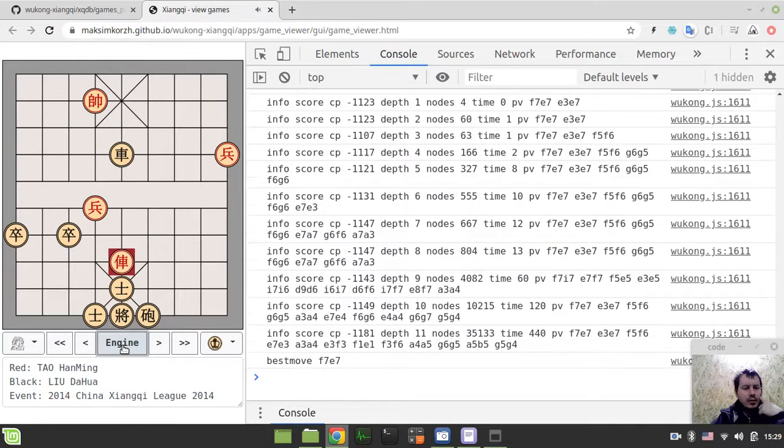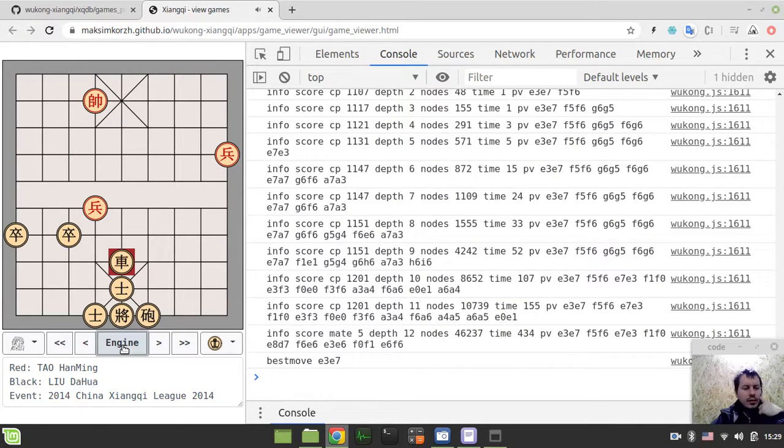He gives it. Oh, hold on a sec. Well, okay, so now black should definitely win, because rook up, cannon up. Okay, and we have mate in 5 moves. Okay, so the first mate-in score.